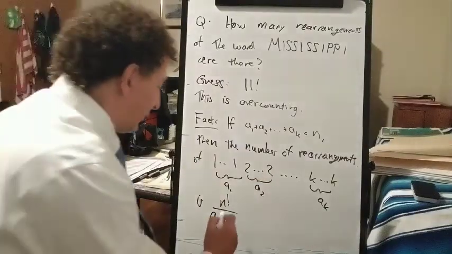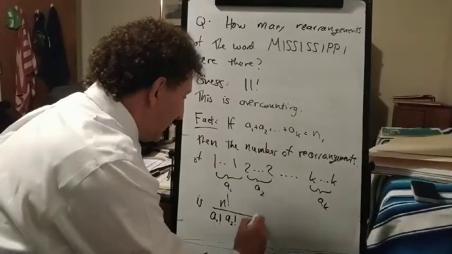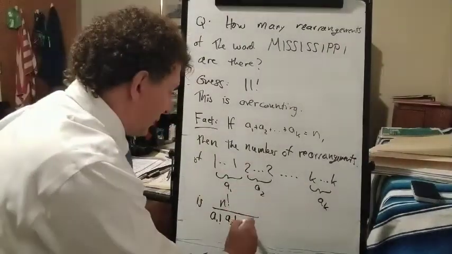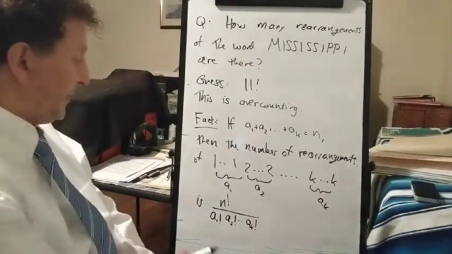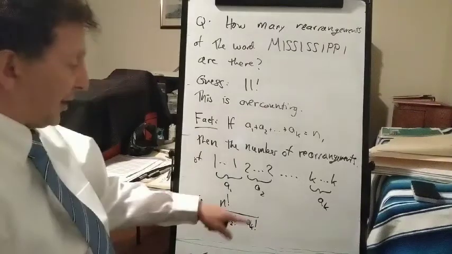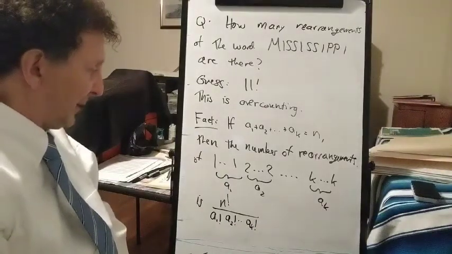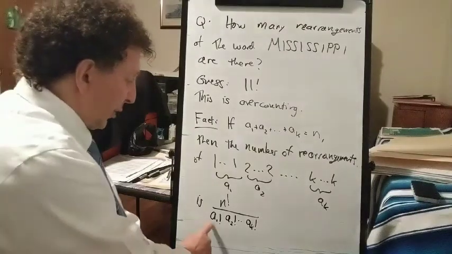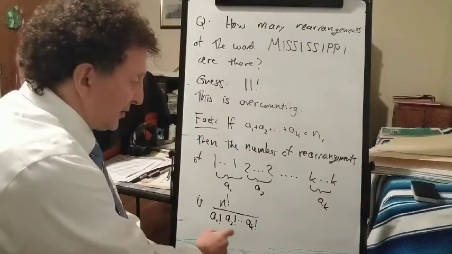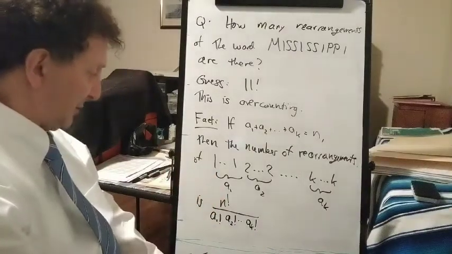So we have to divide by that. That's another reason we'd be overcounting, etc. We do this for all the letters, all the way up to Ak factorial. And then this denominator is exactly the factor by which we're overcounting when we say n factorial. We're correcting for all of the different permutations of equal letters that don't give us new rearrangements.